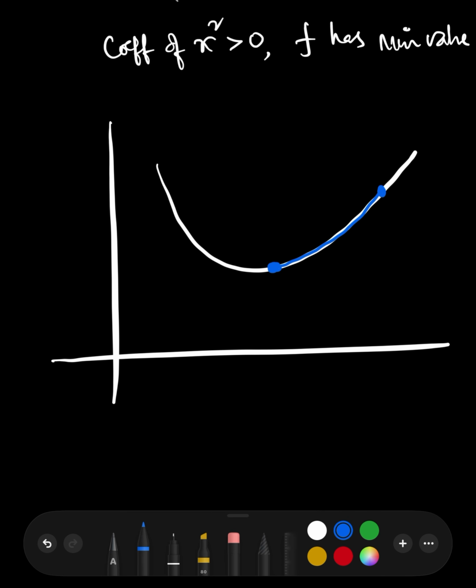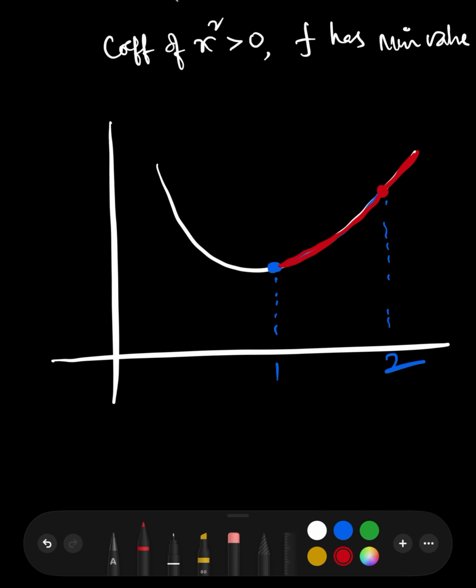Now if you observe the graph, here it is 1 and here it is 2. At 2 the function is strictly increasing. In between 1 and 2 also the function is strictly increasing, and after 2, by seeing this diagram, after 2 also the function is strictly increasing, right?